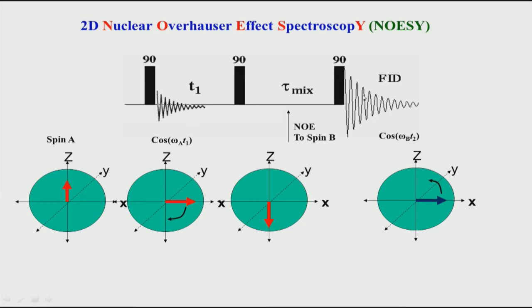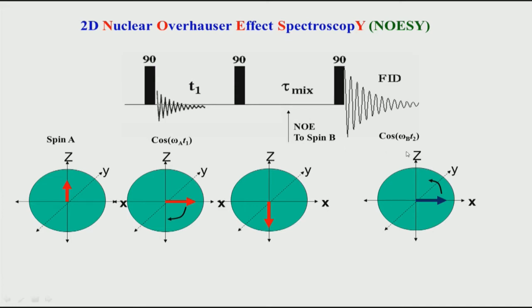So, therefore, when you apply the last pulse, you not only have the B magnetization, but you also have the magnetization from A, which was not transferred at all. So, that will also evolve as cosine omega A t2, which is not written here, but you can think of it that the second time A will evolve again, because A's polarization has not been completely transferred to B.